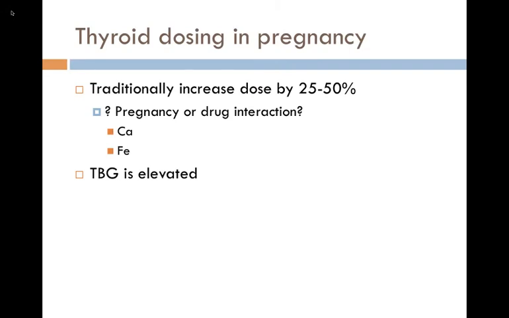It's really important to know in pregnancy, and I'm sure other people have mentioned this, but in pregnancy, we talked about the fact that estrogens and pregnancy itself will increase thyroid binding globulin. So you usually have to increase your thyroid dose by 25 to 50%.